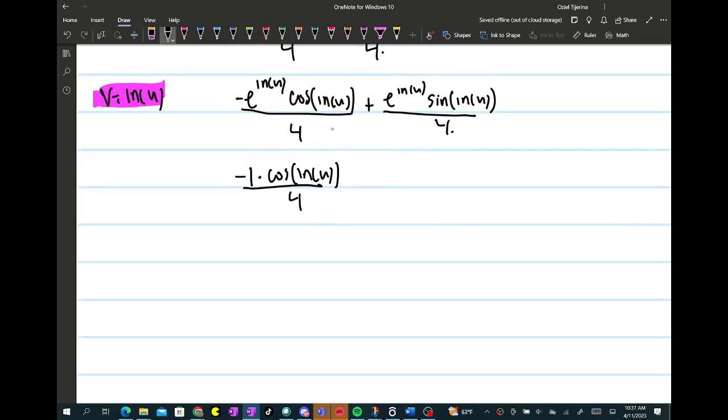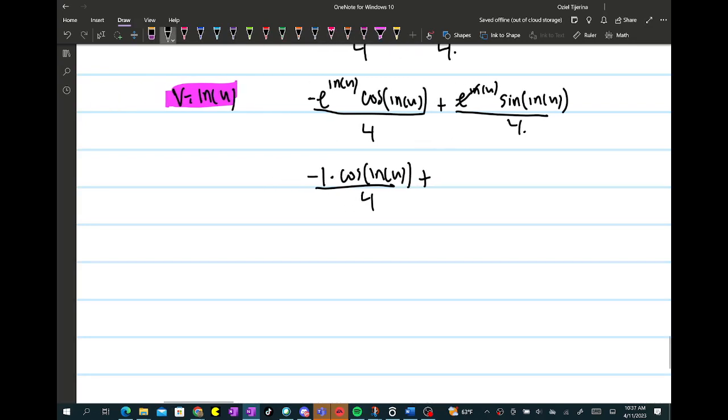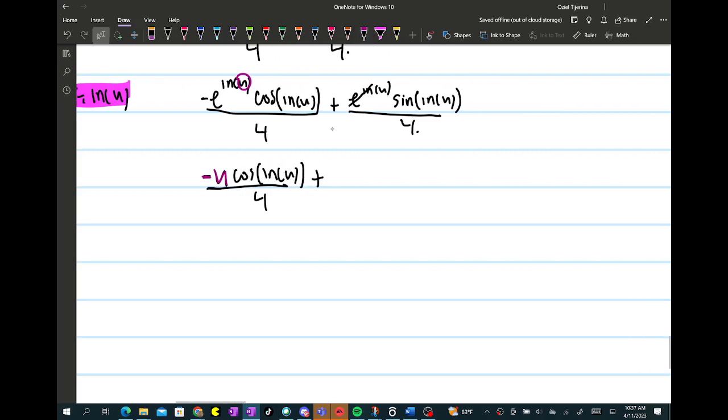Actually, it's going to be negative u here, because this part comes down here. It's going to be negative u cosine of ln of u over 4, and then plus u sine of ln of u all over 4. Okay.